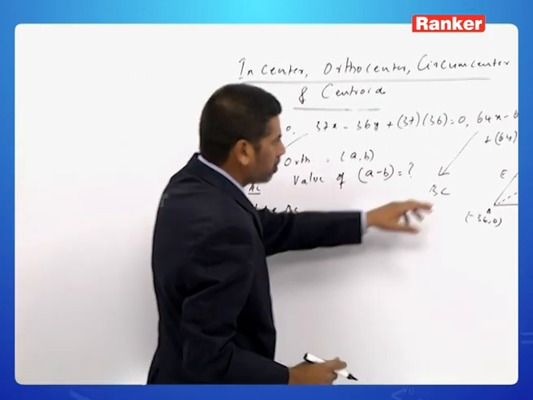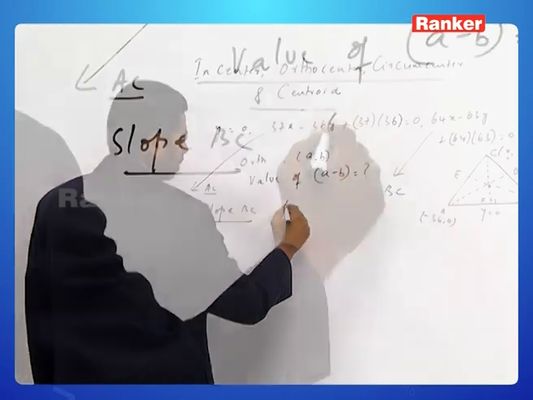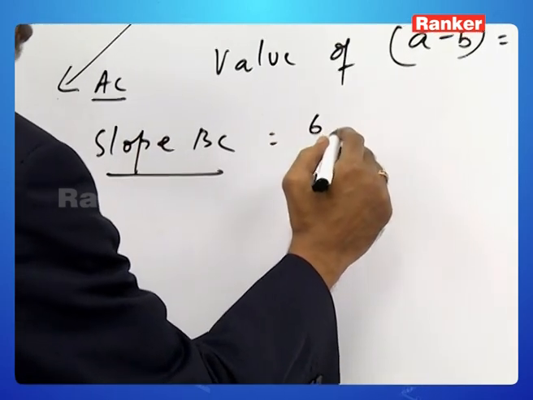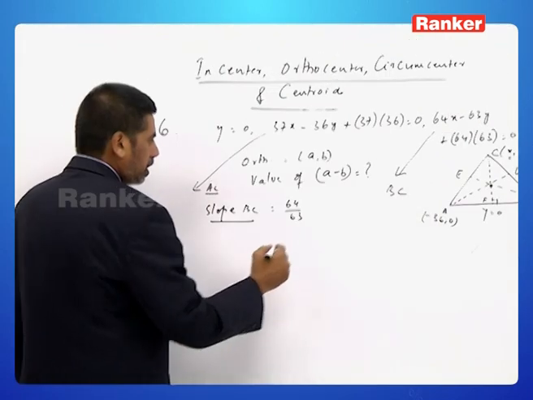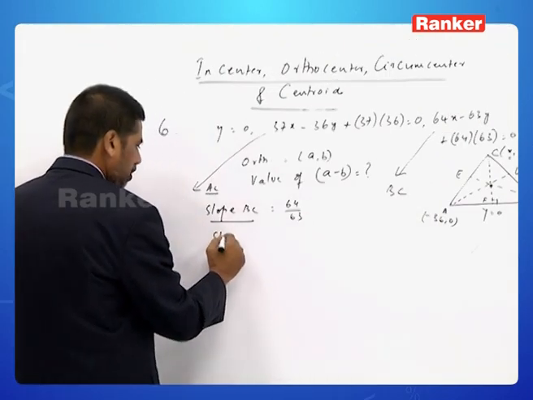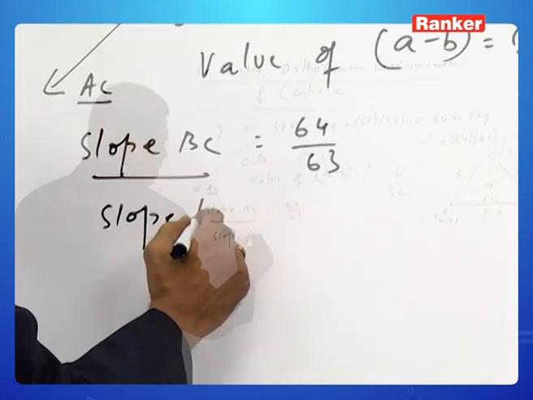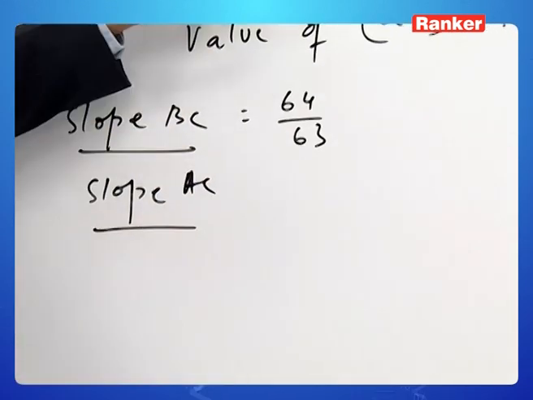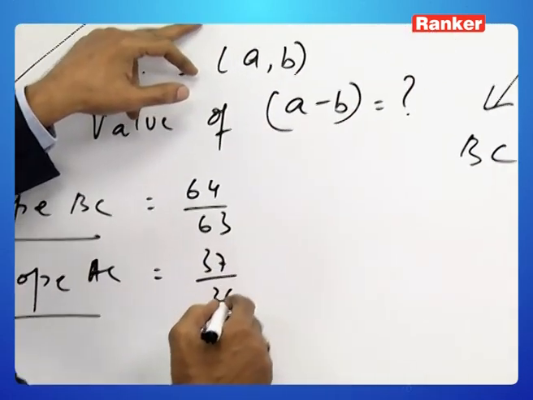Slope BC will come from this particular equation, so it is 64 by 63, and similarly slope AC will come from this equation, that will be 37 by 36.